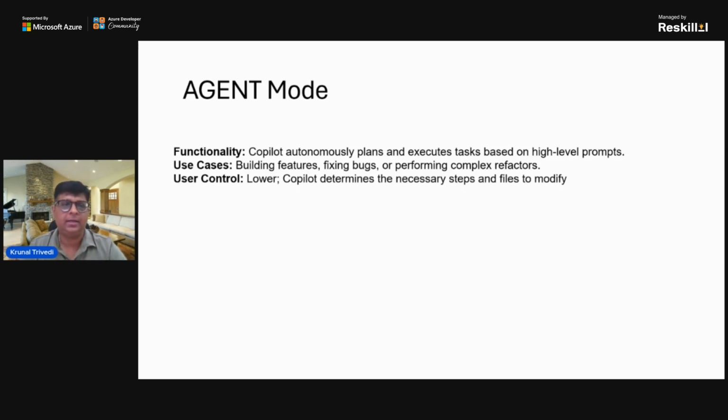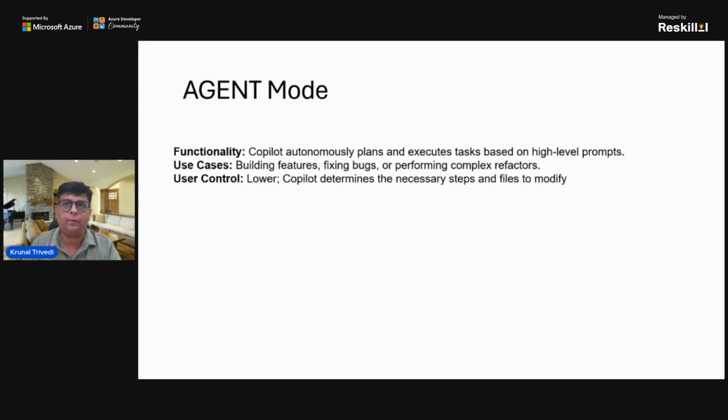We can use it to add new functionality, even to create an application from scratch, to modify the application, fix bugs, and to understand complex factors. It is like, when you work with ask mode, it is generic. When you work with agent mode, it is specific to your application.